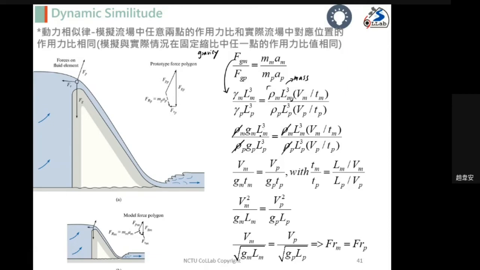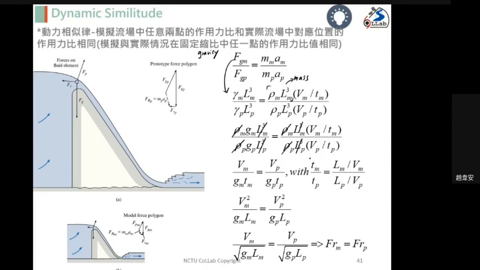Then you see there are the same parameters on the left hand side and right hand side, so we directly cancel them out. So finally we rearrange so that the left hand side is all of the parameters in the model, and the right hand side is the parameters in the prototype.